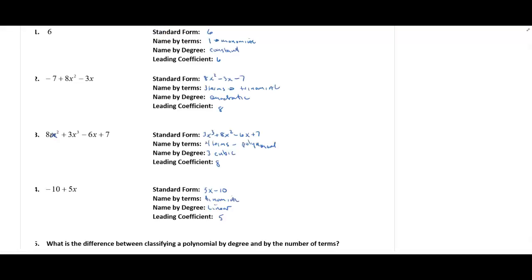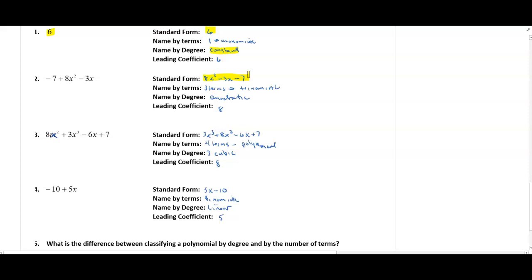So right away in the first example, you only have 1 term, therefore standard form is just 6. And it's only 1 term, so it's a monomial. The name by degree, because there's no variable expression, the degree is 0, which makes it a constant with a leading coefficient of 6. The next one, when you put it in standard form, 8x squared minus 3x minus 7.